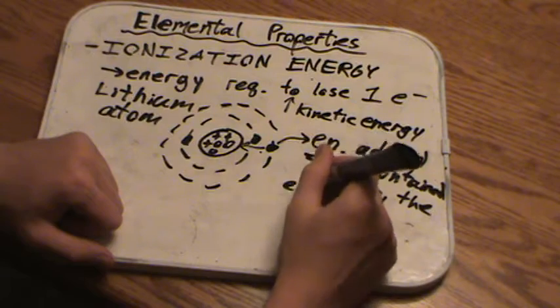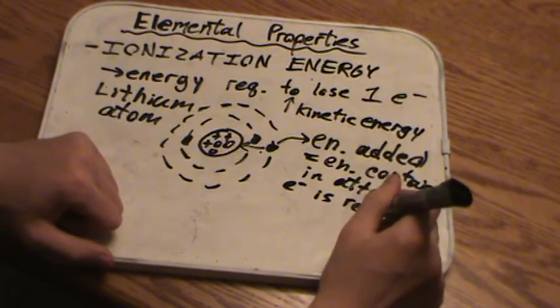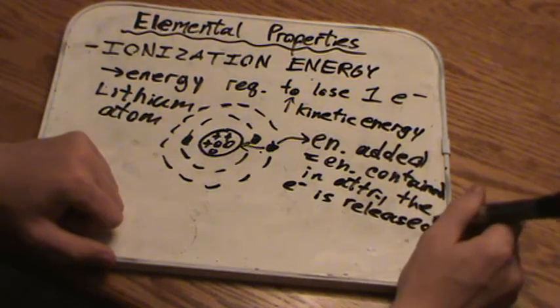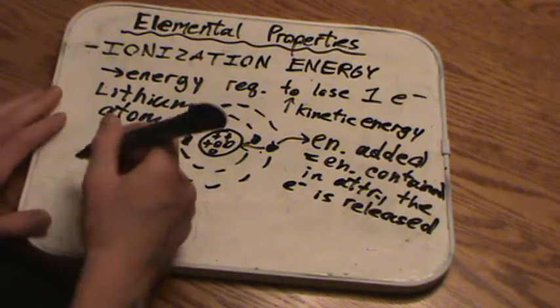The electron is released. And this can be written in an equation form that will allow us to very easily demonstrate the idea of releasing this electron.